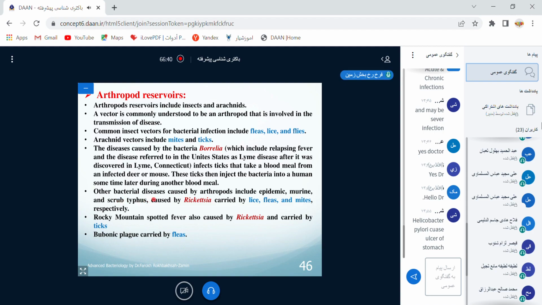Other bacterial diseases caused by arthropods include epidemic, murine, and scrub typhus. So typhus comes in different types. As you see, most of you probably understood different bacterial infections in BSc.